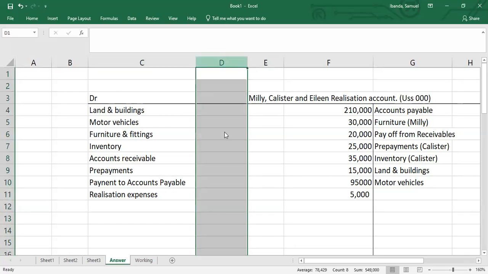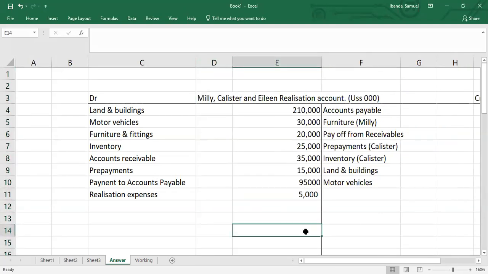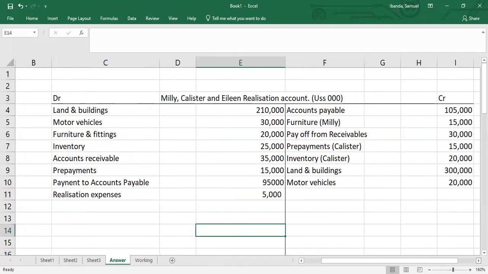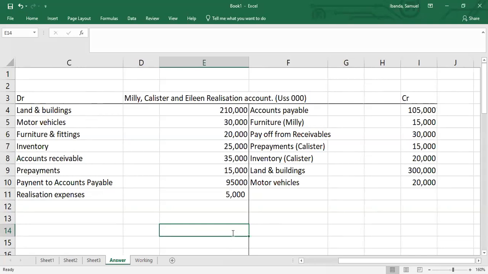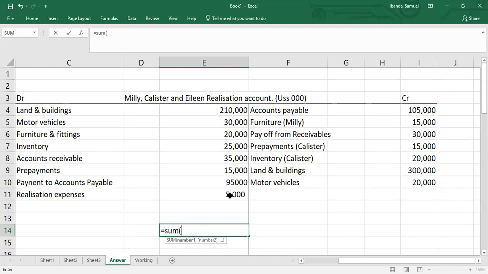Let's try to determine the profit or loss on realization. How we determine it is we add these two sides. We add here, and we also add here. Now, this is just adding from my side.